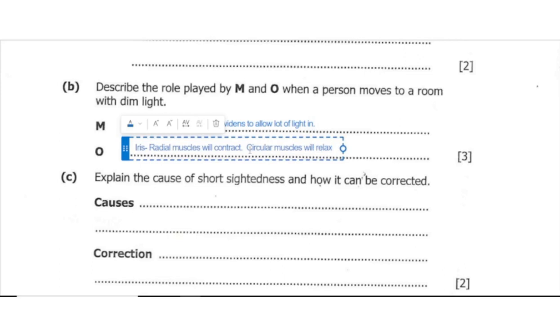Okay, circular muscles will relax. So those were the answers you need to give, and they'll give you 3 marks for these. All right, we go to question number C.